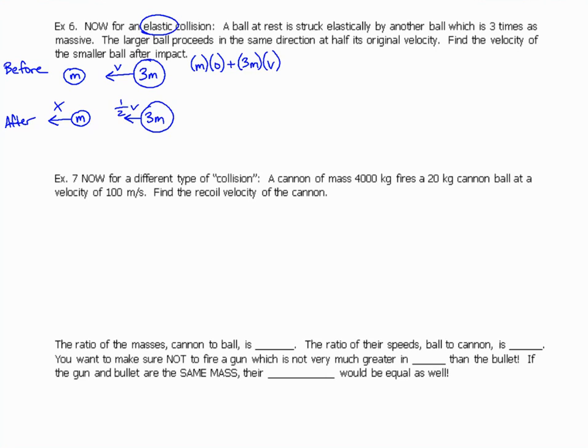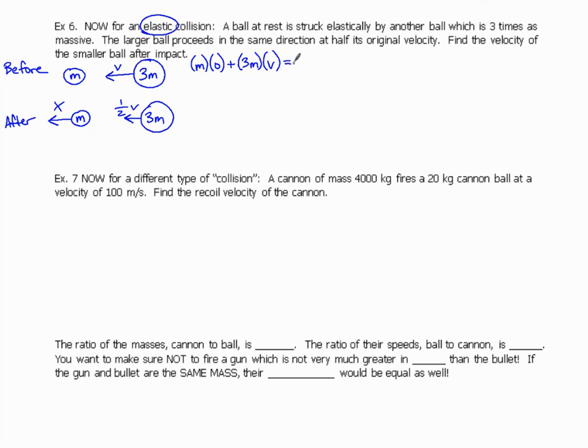I just left it as a positive. It's the only thing moving in its direction to start with. Both things are moving in that direction at the end. You could make it negative v if you want, and you could try it out, but you're going to get the same answer either way. And that's why this one is positive and not negative.